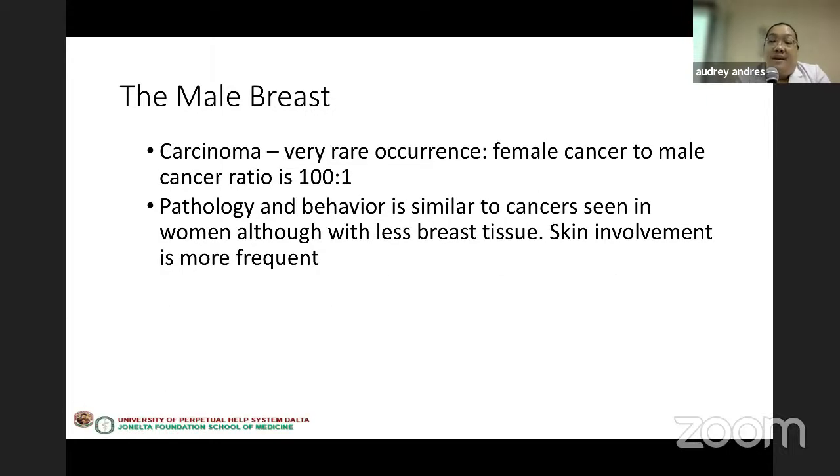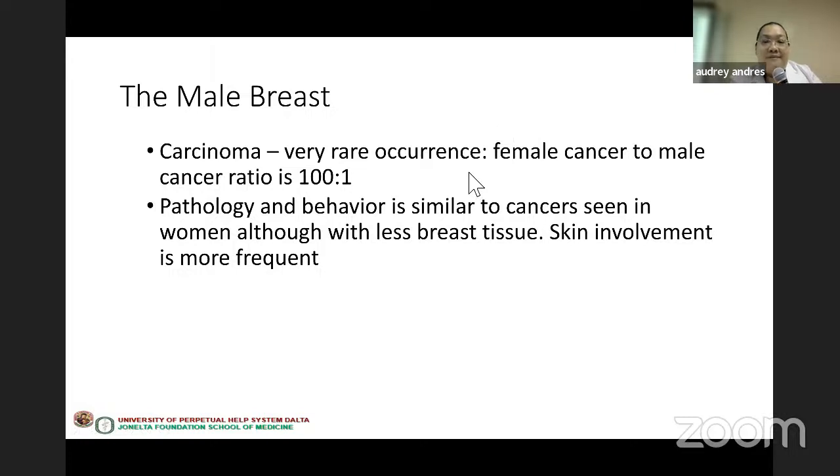Although carcinoma is very rare in males, when you do have cancer in males, the pathology and behavior are similar to cancer seen in women, although because they have less breast tissue, they will manifest more with skin involvement. Okay, so that is breast disorders for you.